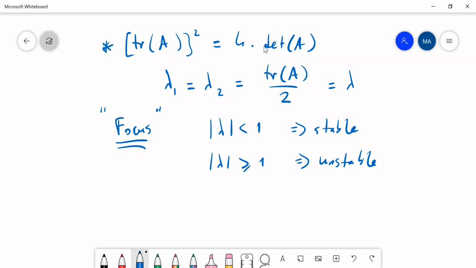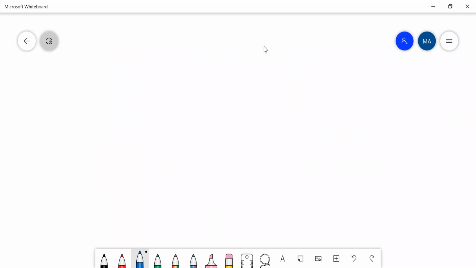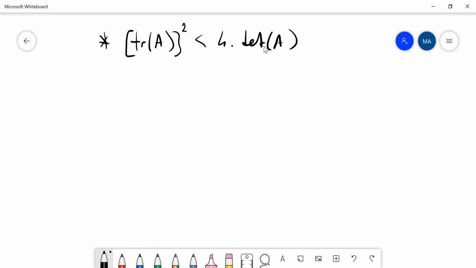then it is stable. Now finally, we have the complex cases. Okay, so the square of the trace is strictly less than 4 times the determinant. Okay, then our lambdas are like this.